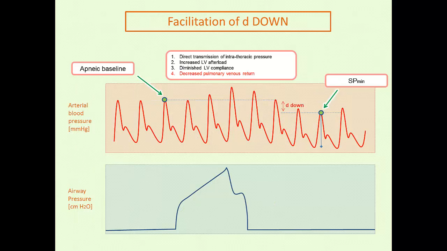Similarly, decreased LV compliance as the right ventricle is charged with blood during expiration. As venous return increases to the right heart, you may impair left ventricular filling and left ventricular output. And then decreased pulmonary venous return. Remember again that the D down reflects a diminished right ventricular output from inspiration a few cardiac cycles previously.